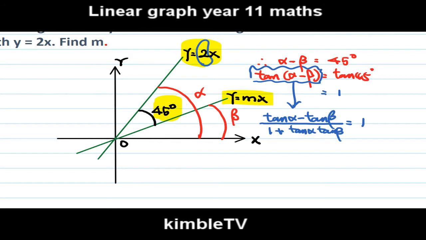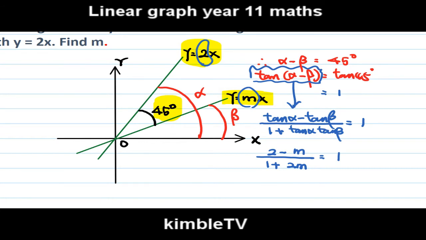Tan alpha is the gradient. So 2 minus tan beta, which is m, over 1 plus 2 times m, which is 2m, equals 1. Is it correct?